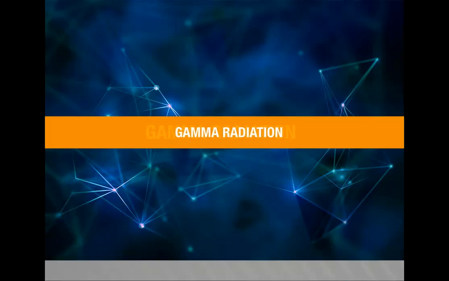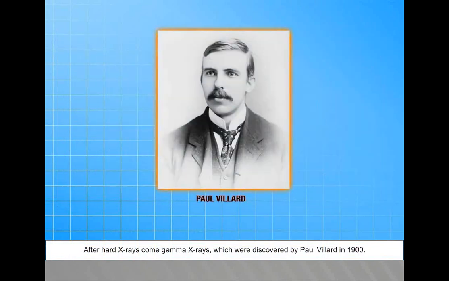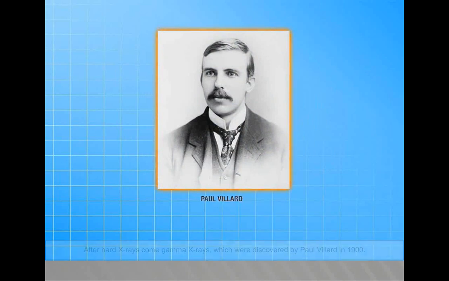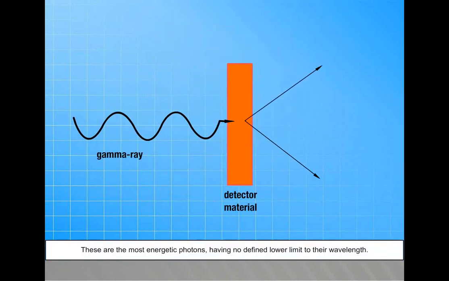Gamma radiation. In this video, we are going to see about gamma radiation. After hard X-rays come gamma rays, which were discovered by Paul Villard in 1900. These are the most energetic photons, having no defined lower limit to their wavelength.